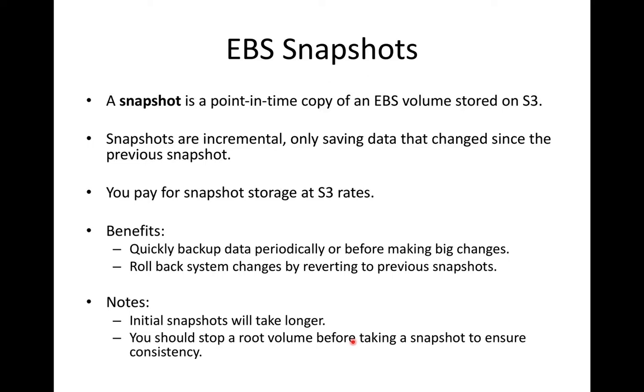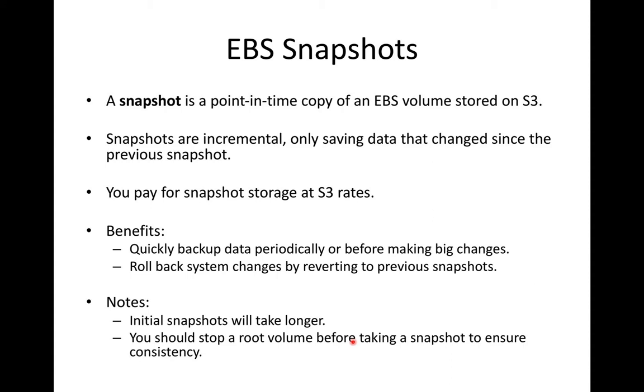One of the key benefits of Elastic Block Storage is that you can create snapshots of a storage volume. A snapshot is a point in time copy of an EBS volume, and this copy of the volume is stored on S3. The snapshots are incremental.